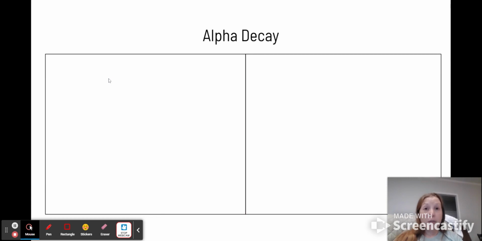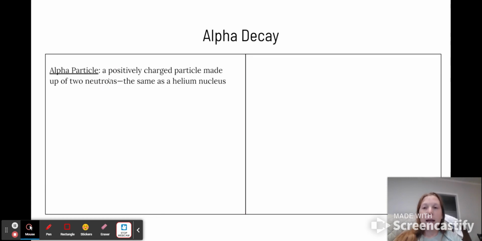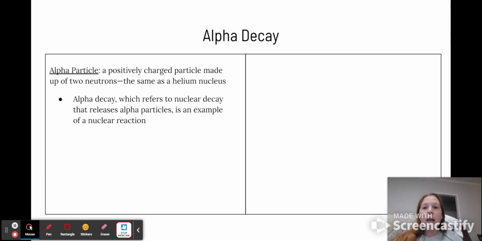So first, let's look at alpha decay. An alpha particle is positively charged, and it's made up of two neutrons and two protons, so it actually looks like a helium nucleus. This usually refers to the nuclear decay that releases alpha particles, which is a nuclear decay reaction.